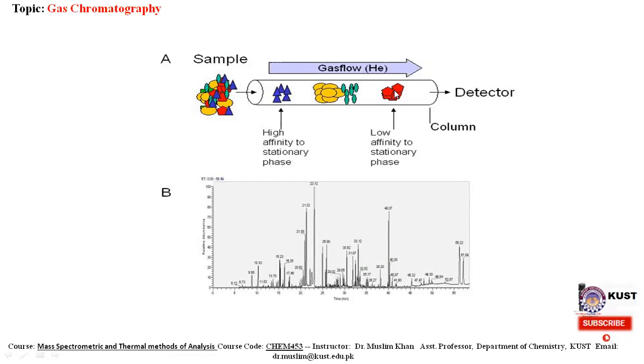The red will be eluted first and the blue last, and those with moderate interaction will be eluted in the middle.